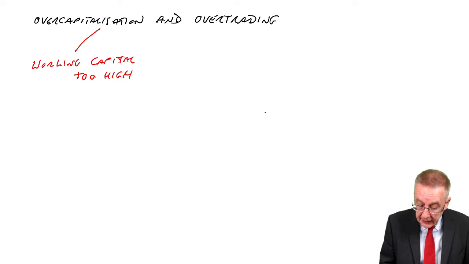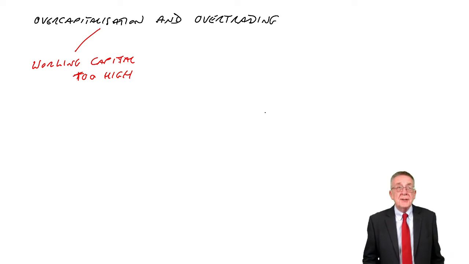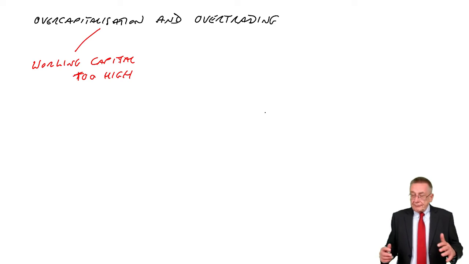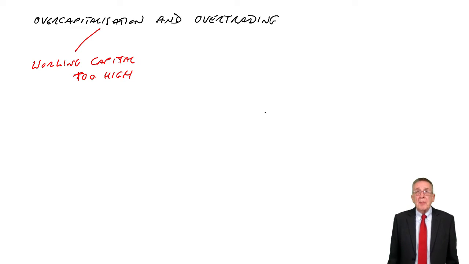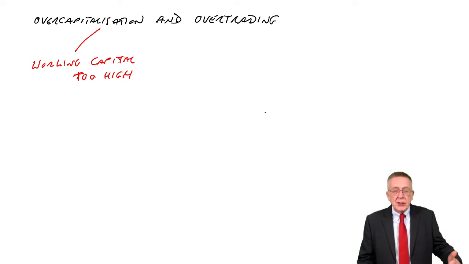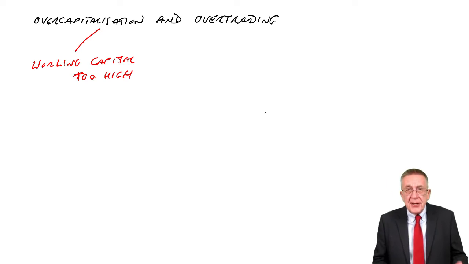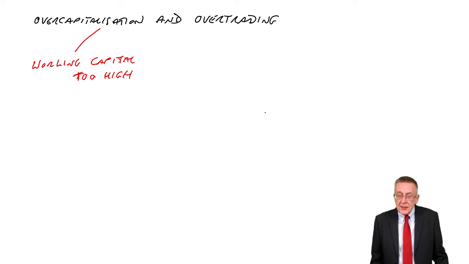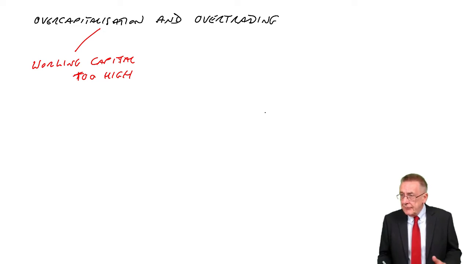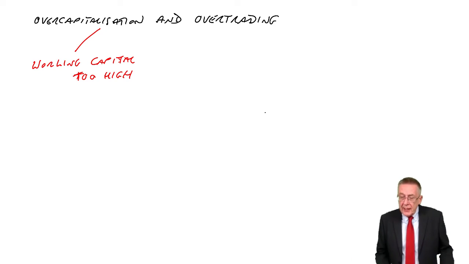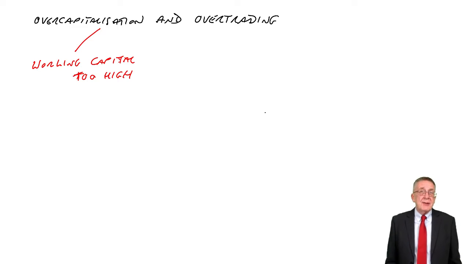Which is really what I was talking about in the previous lectures, that if we're not managing our working capital properly, if inventories are higher than they need be, if receivables are higher than they need be, and so on, then we're being inefficient and we're borrowing more long-term finance than we actually need to.